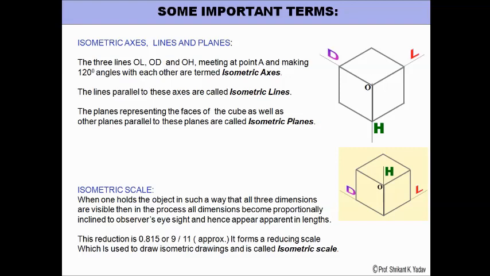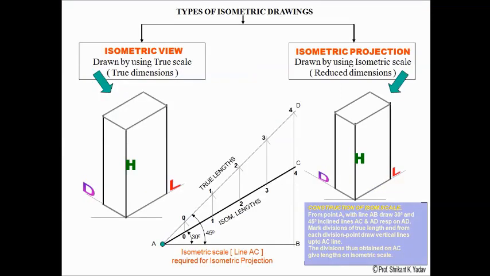So for isometric drawings, if a particular reduction scale is used, then those drawings are called isometric projections. And the scale used to reduce the dimension of the object is called the isometric scale, which is approximately 0.815.